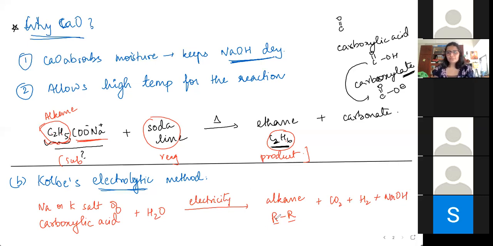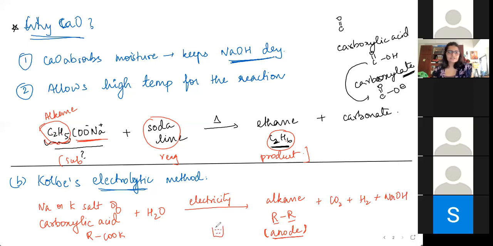This particular thing, the alkane, you end up getting at the anode. And the other product like hydrogen and all, you end up getting at the cathode. But we'll get to that when we get to the mechanism. So if you take RCOONa or RCOOK solution, because you pass electricity. Electrolysis means what? Like you have that Daniel cell, right?